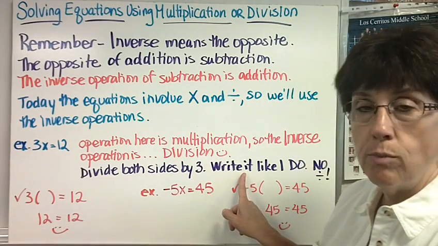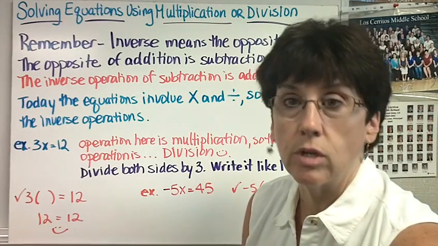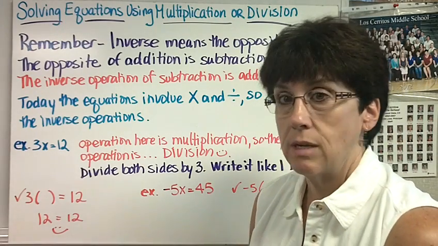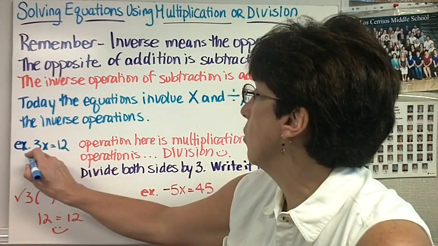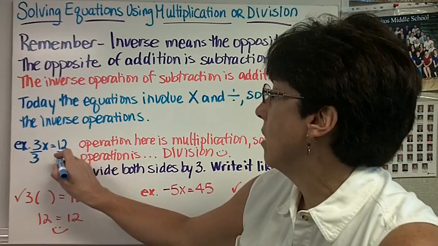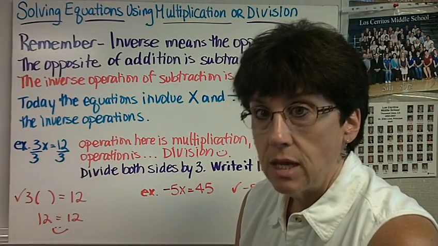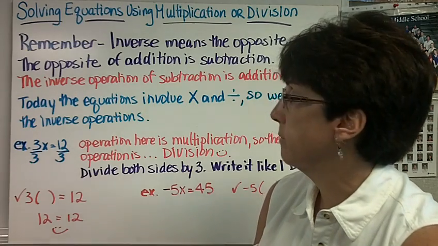And it's very important that you write it like I do. I do not want the line with 2 dots floating around, okay? Part of the reason I'm showing you things today is to show you the proper way to write it. So we're going to divide both sides by 3. And it always has to be both sides because otherwise it's not an equation, it's not equal. You've only done something to one side.